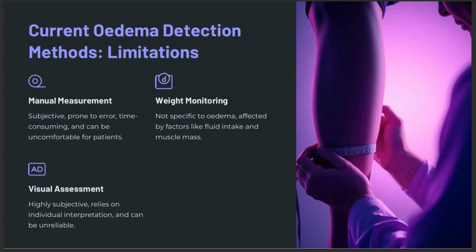Generally, a person's weight is taken before and after dialysis on a particular day, and the next day when he comes, his weight is again taken. Based on this difference in weight, they do a rough estimation that this much might have increased due to the accumulation of fluid, so let us remove this many milliliters or liters of fluid from the body. These are the standard methods being followed to date.